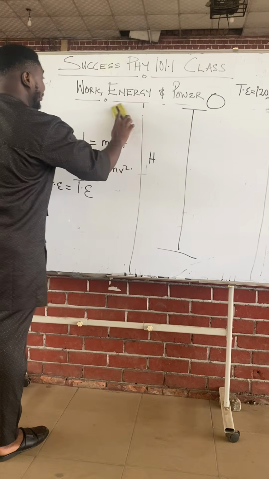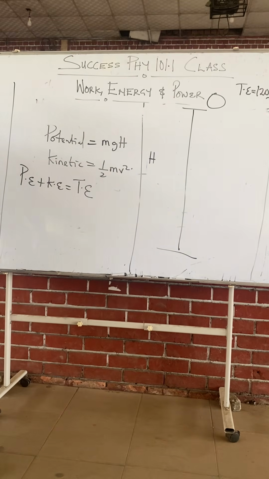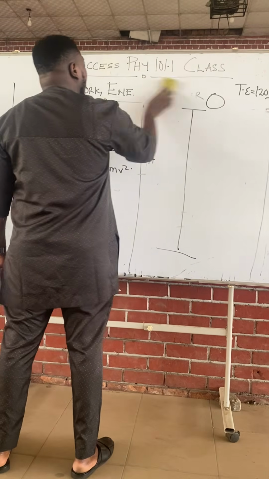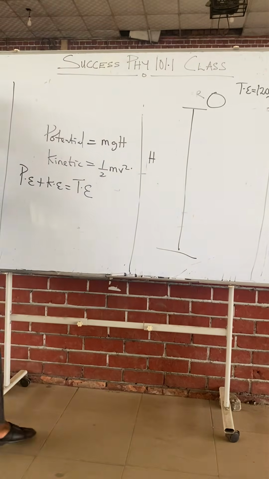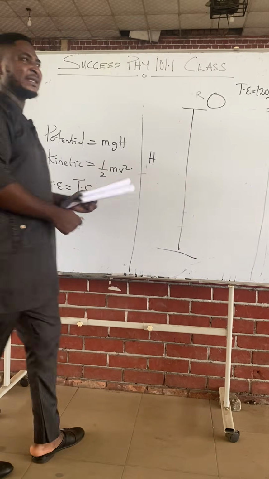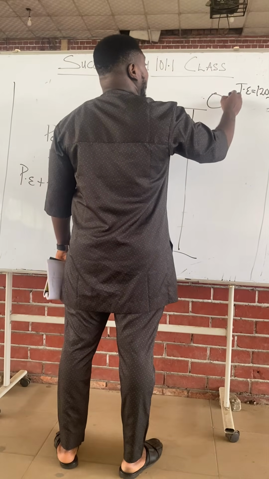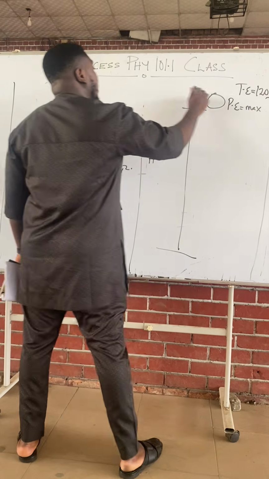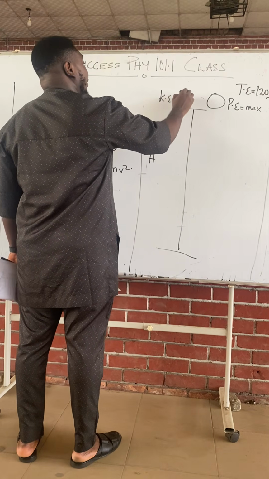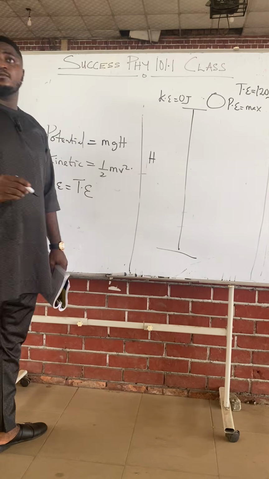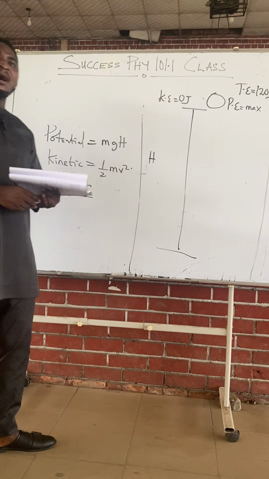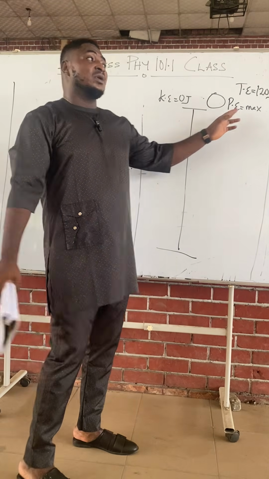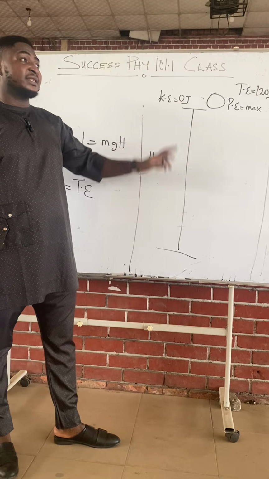Class, I must inform you that before the ball starts falling, one thing I need you to note is that potential energy, write down note: potential energy is maximum at maximum height, while kinetic energy is 0.